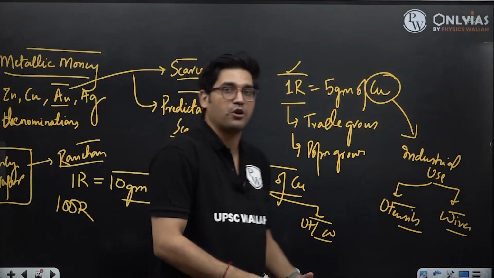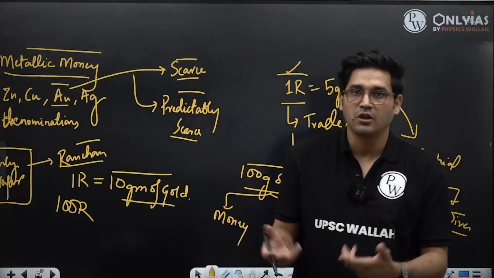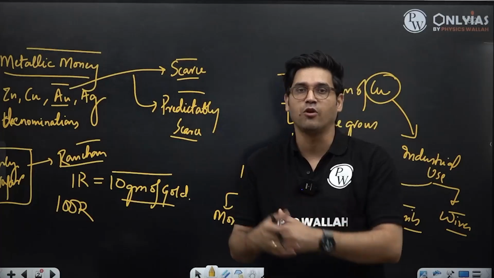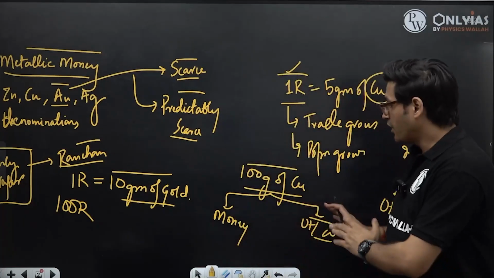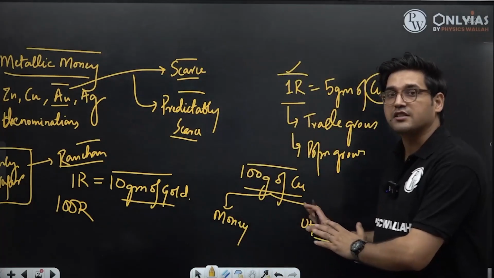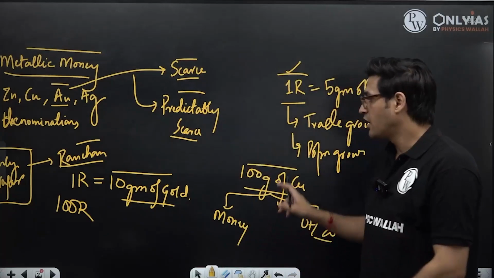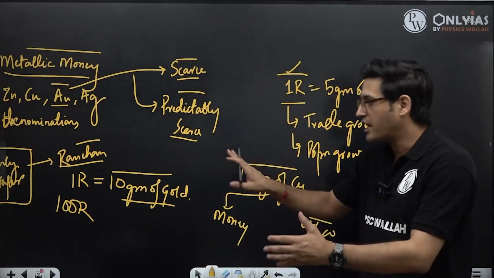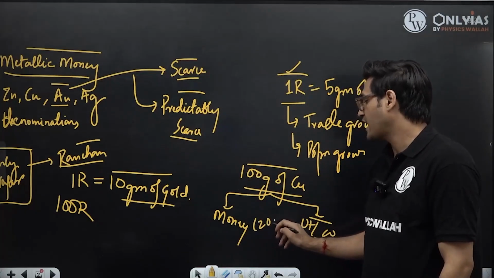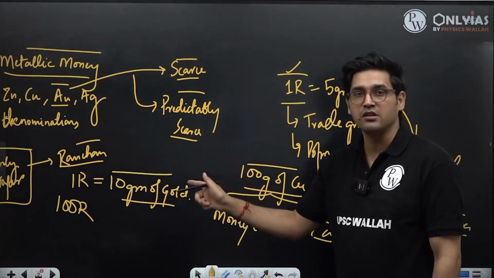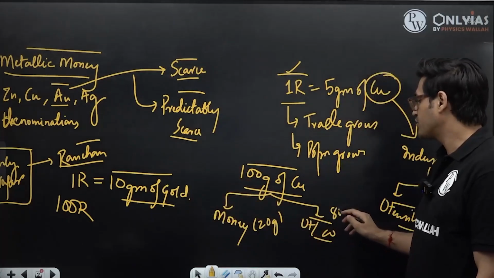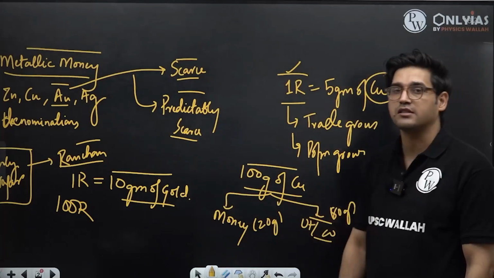It could be for copper plating of jewelry, or for copper plating of watches. Imagine that normally 20 grams would go for making coins, while 80 grams would go for making utensils.